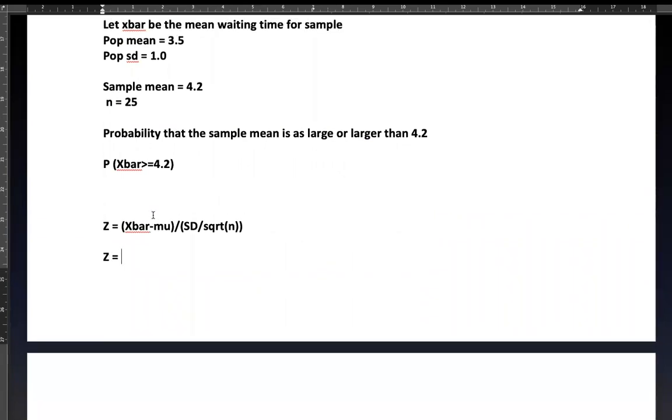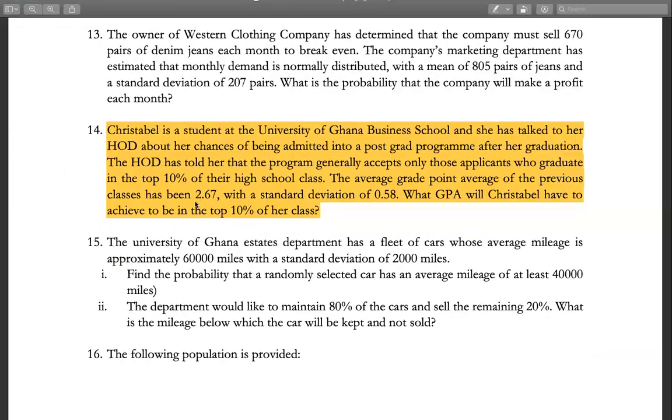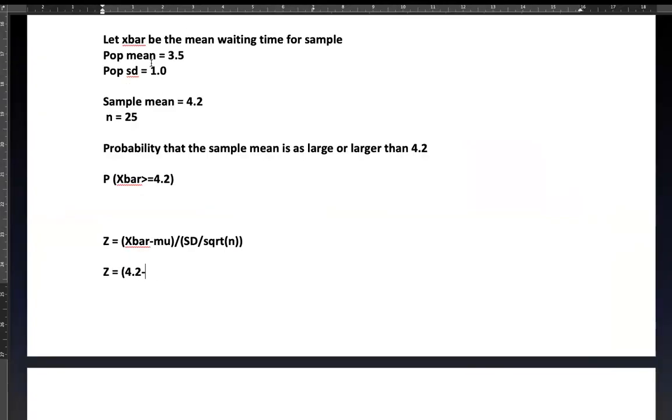Help me compute the Z. 4.2 minus the population mean, 3.5, divided by the standard deviation, which is 1.0, over the square root of the sample size, square root of 25, which is 5. What do we get?